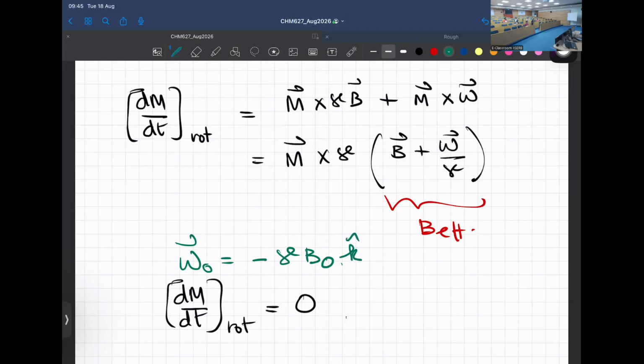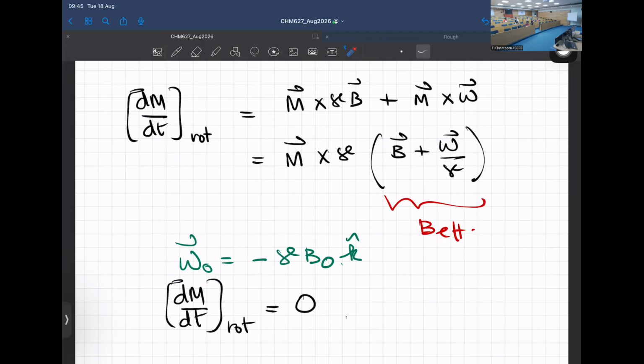When you have the rotating frame rotated about the z-axis, the frame keeps rotating, x and y keep changing, but the z-axis aligns with the lab frame. Not as complicated as the principal axis system. This is very simple. You take an xyz right-handed coordinate system and you rotate about the z-axis.